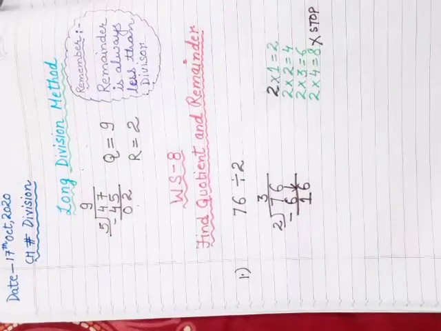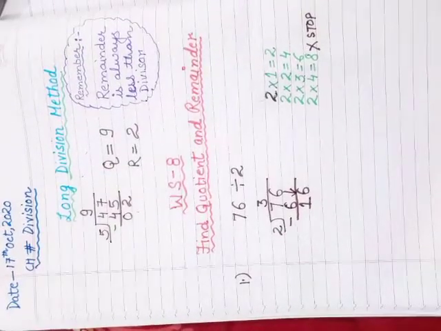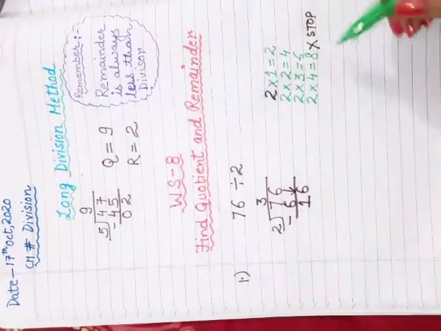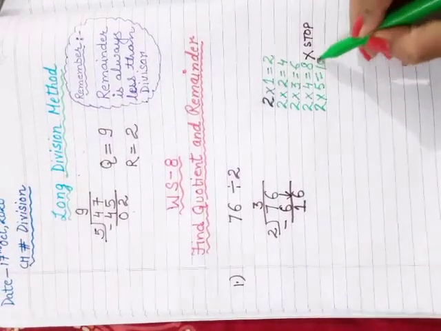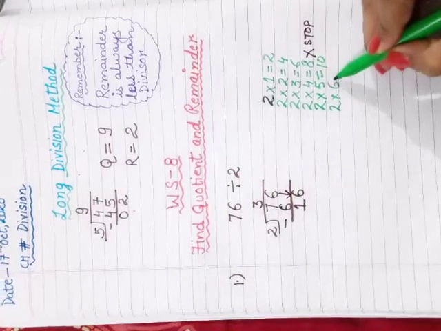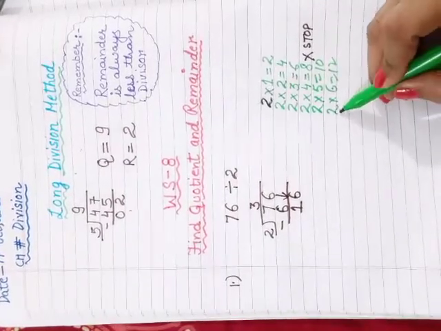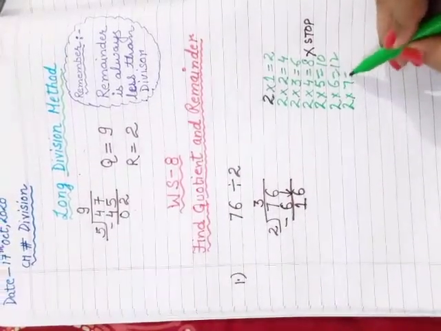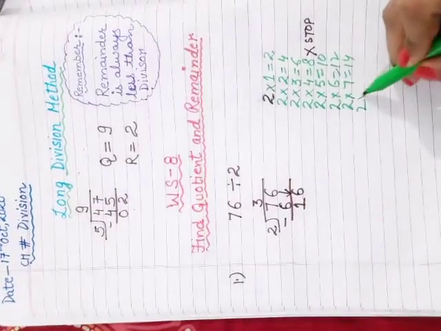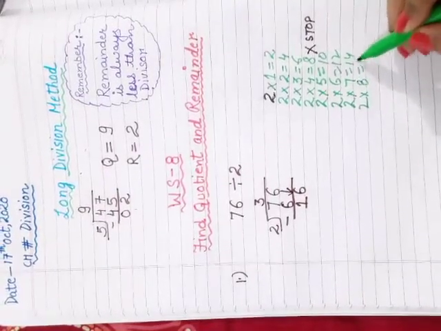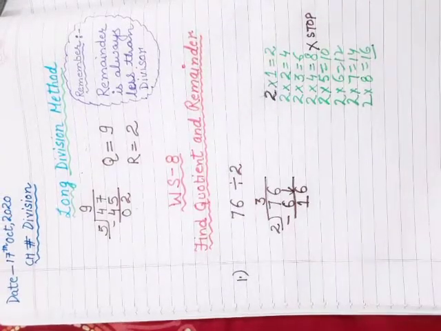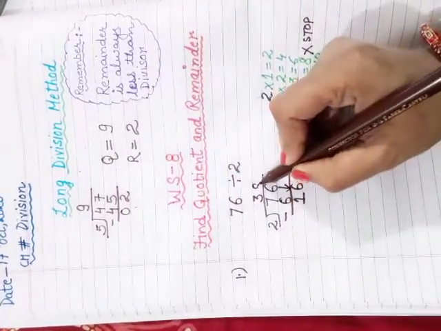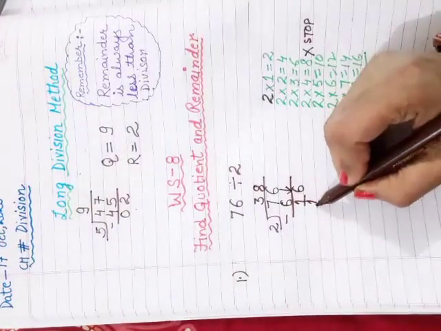So here we have 2 1s are 2, 2 2s are 4, 2 3s are 6, 2 4s are 8, 2 5s are 10, 2 6s are 12, 2 7s are 14, 2 8s are 16. Here we have now 16, so we can write here 2 8s are 16.